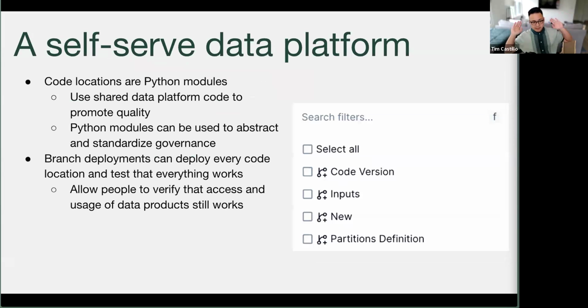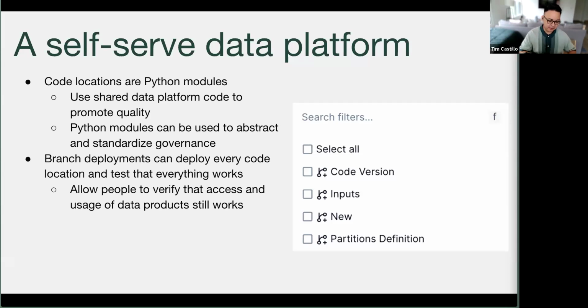All right. But at the end of the day, each code location can also be treated as just a Python module. Therefore, you can write libraries that share functions, decorators, and utilities that teams can import into their code locations and create a domain that meets the bar for quality that the data platform team desires. If you're using Dagster Cloud, you can use branch deployments to test how changes will impact your data mesh. Branch deployments are sandbox environments that are built with every PR, and every code location can be deployed into the sandbox for testing.